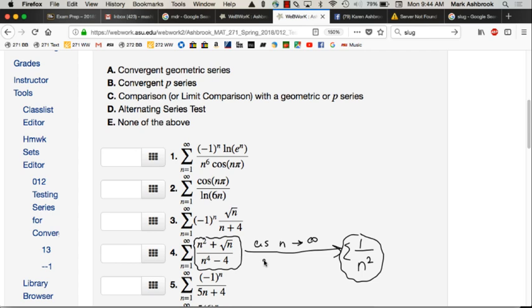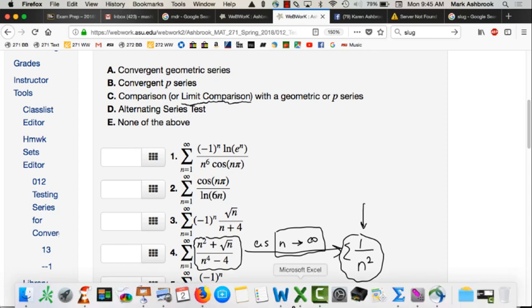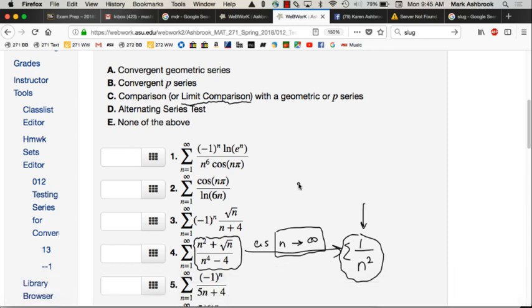So that is another kind of comparison. What are we doing? We're looking at the limit as n gets large, and I call that indirect comparison, but they're calling that limit comparison. So when you say limit comparison, that's exactly what we did. We took the limit of that sequence, which is 1 over n squared, and compared it to it. So this would not be direct comparison, but it would be indirect comparison, or what they're calling limit comparison, right?